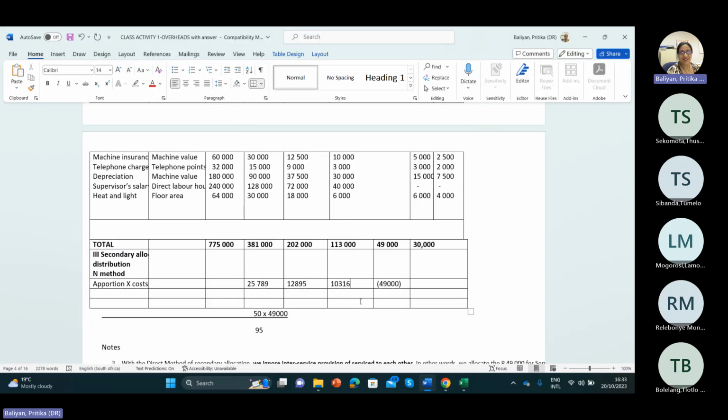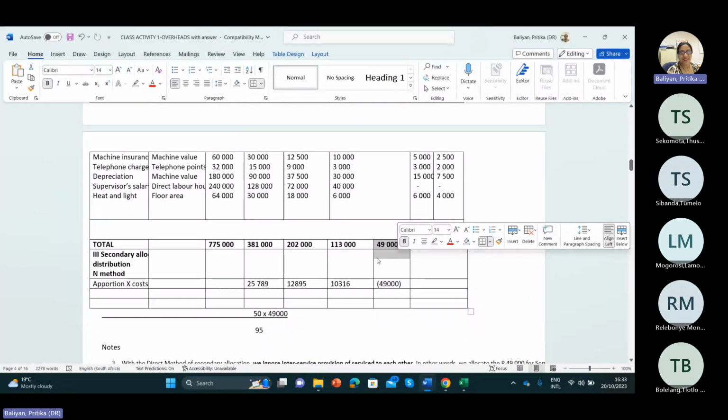I said in the direct distribution method, what is the purpose of secondary allocation? Whatever cost here, 49,000 and 30,000, whatever the cost incurred in the service department, that cost has to be transferred or reallocated only to the production departments as per their services.